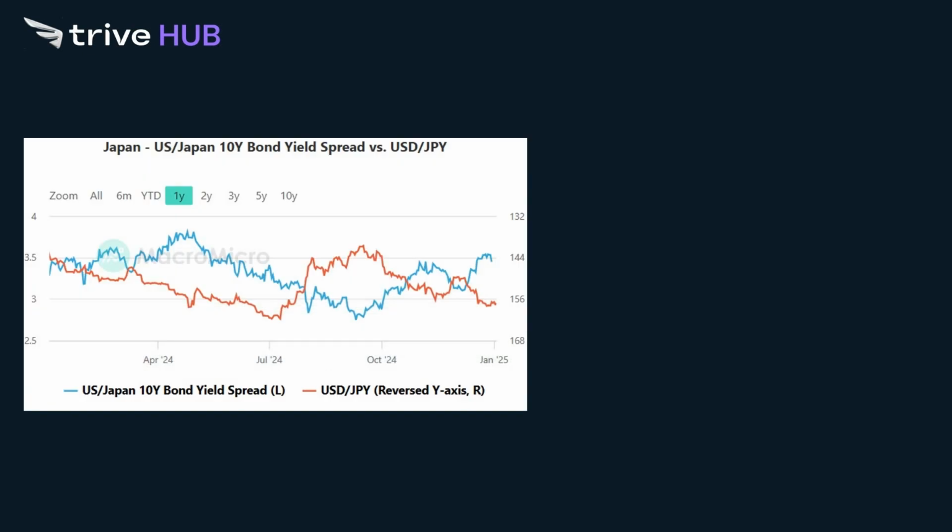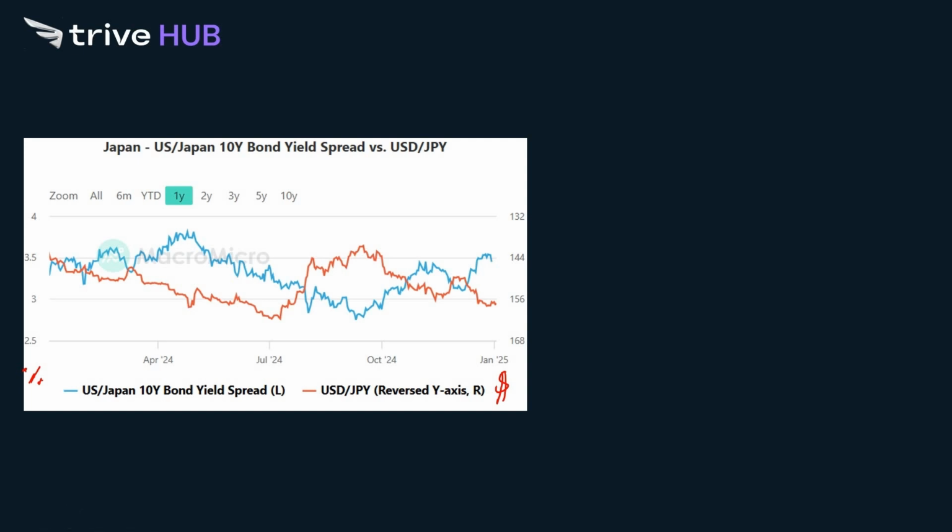So let's see some examples of carry trade with the help of yield spread analysis. You can see this US versus Japan 10-year bond yield spread. On the left hand side you will see the interest rate, and on the right hand side you will see the exchange rate for the USD JPY currency pair. So what is the correlation and what does this chart actually show?